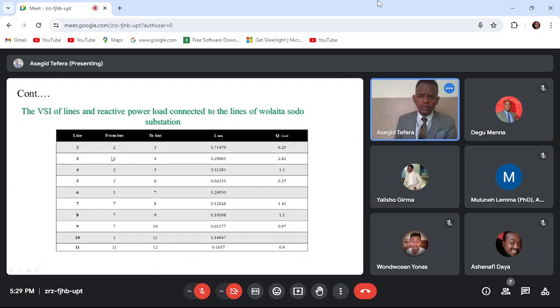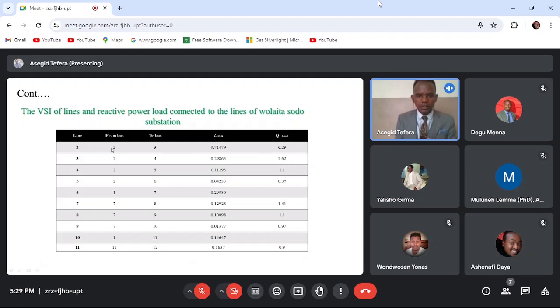These are the calculated line stability data for each bus. Generally, the line stability index measures the data from bus 1 and bus 2.